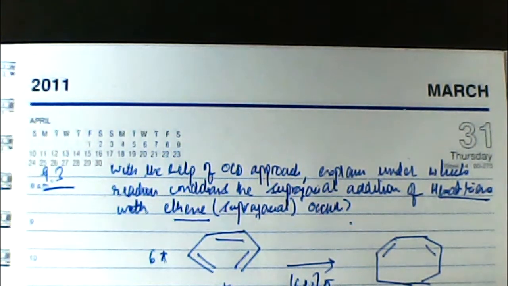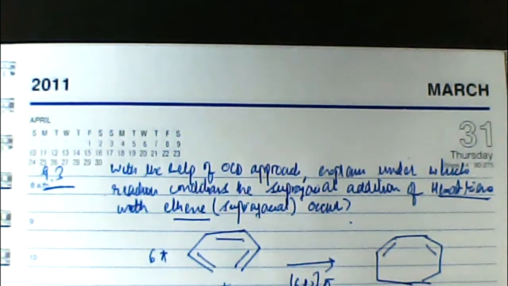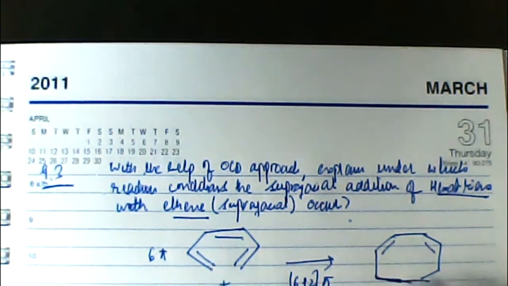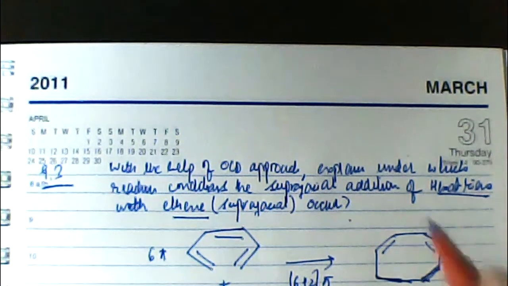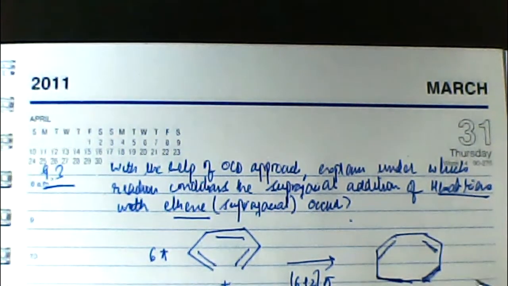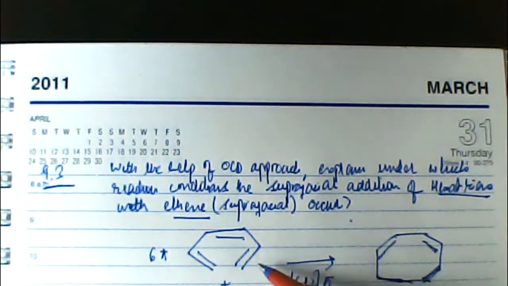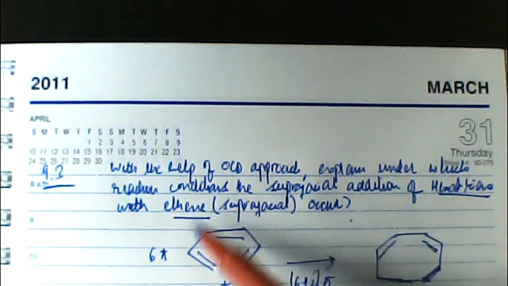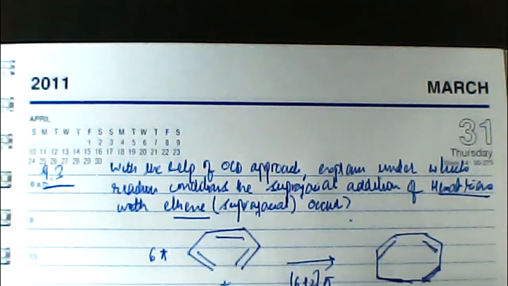cyclooctadiene molecule, right? And once you draw the cyclooctadiene molecule, I know that 2 sigma bonds are formed in this reaction, 2 pi bonds are formed in this reaction. So the reactant molecular orbitals should have 6 molecular orbitals corresponding to hexatriene and 2 molecular orbitals corresponding to ethene, a total of 8 pi molecular orbitals.